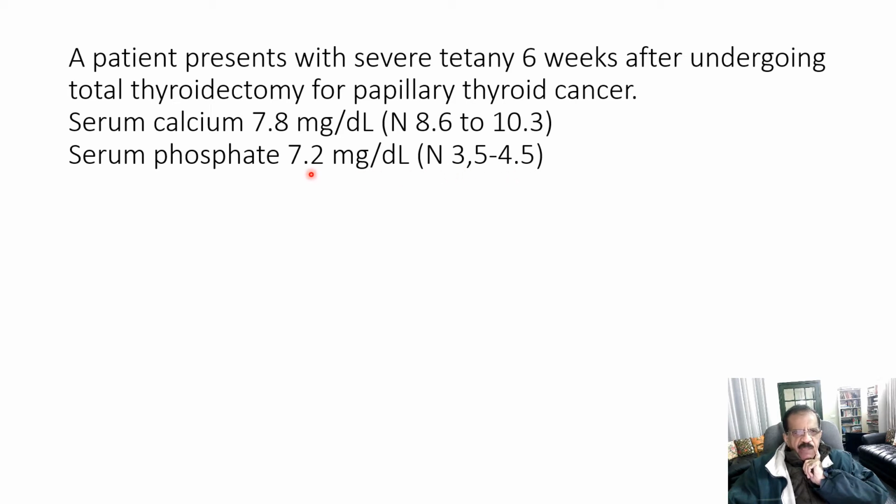So calcium is low, phosphate is high, and this patient recently underwent a total thyroidectomy procedure. You can of course make an idea what must have occurred. You remember one of the complications of total thyroidectomy is inadvertent or unintentional parathyroidectomy.